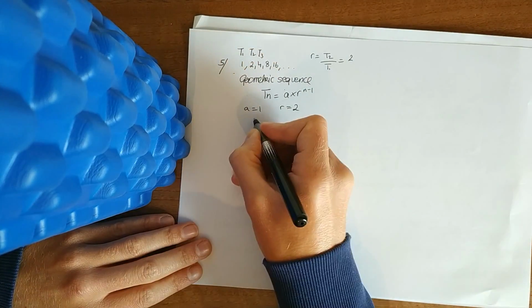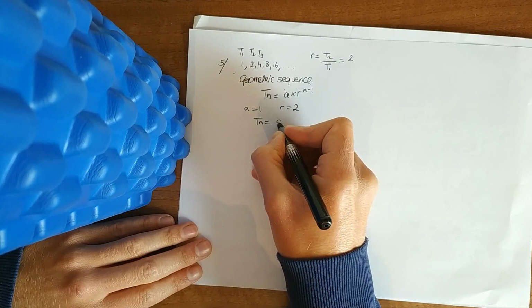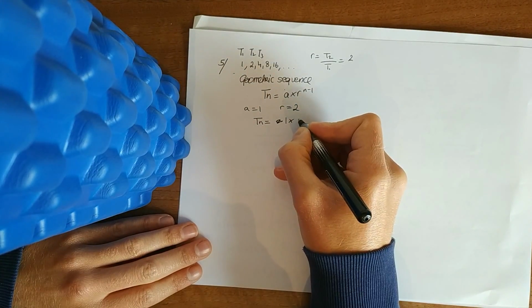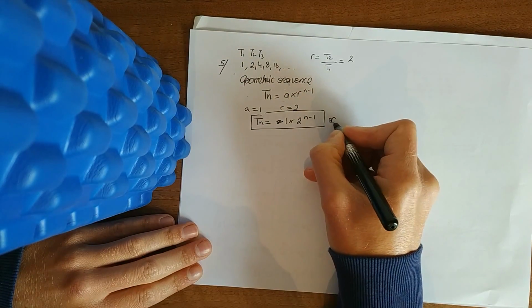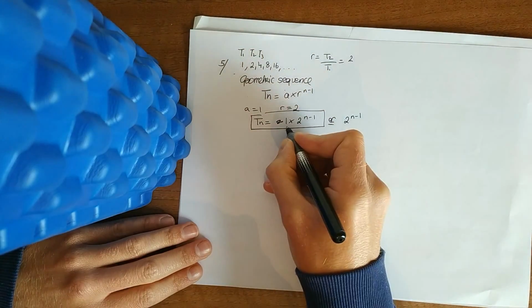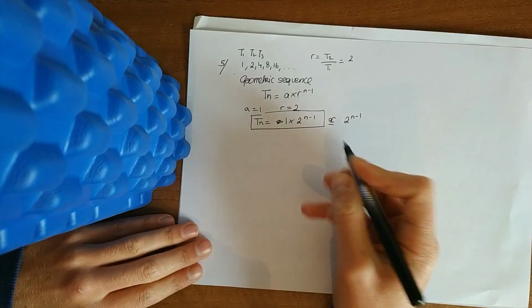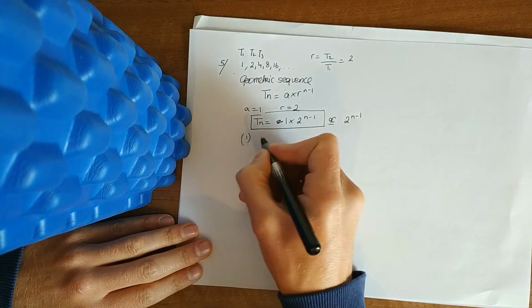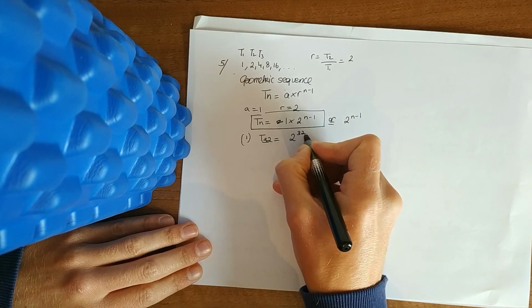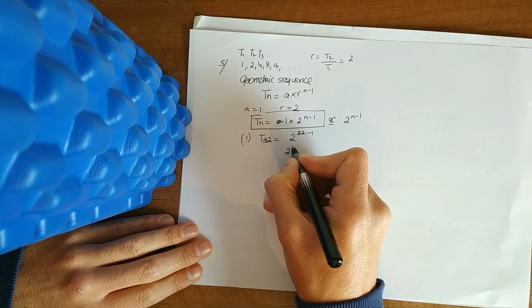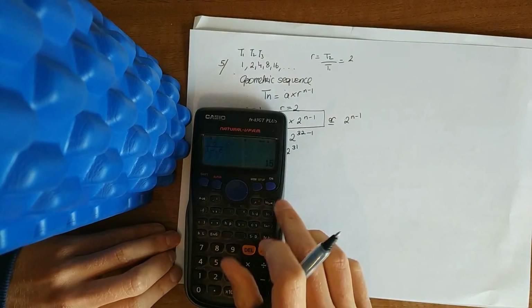So r is equal to 2, tidy that up. 1 times 2 to the n minus 1, there's my general one, or someone might want to write it as 2 to the n minus 1, because 1 times anything is itself. And then they ask you for week 32, so 2 to the 32 minus 1, which is 2 to the 31, massive number.